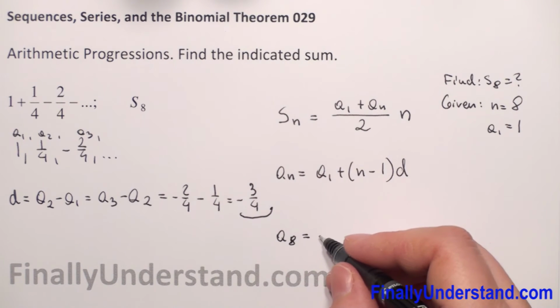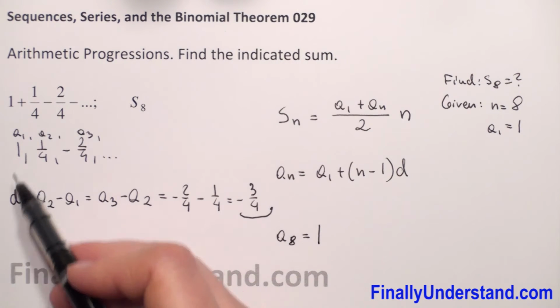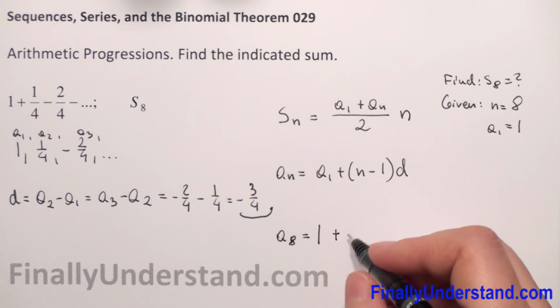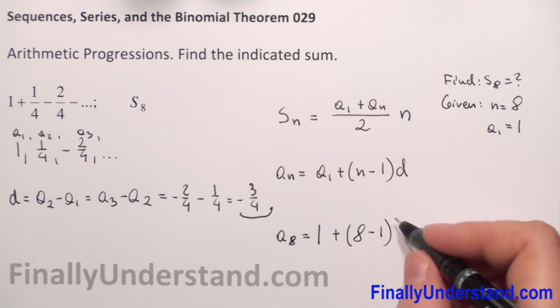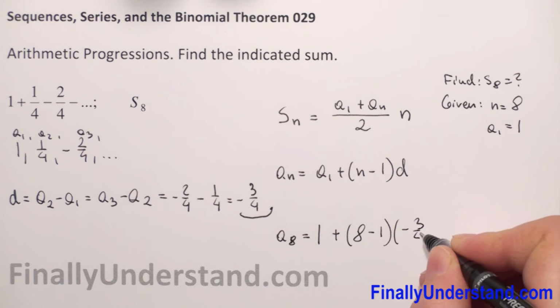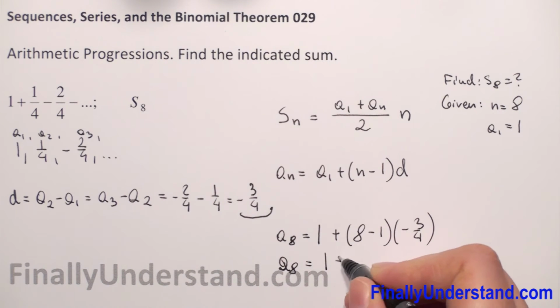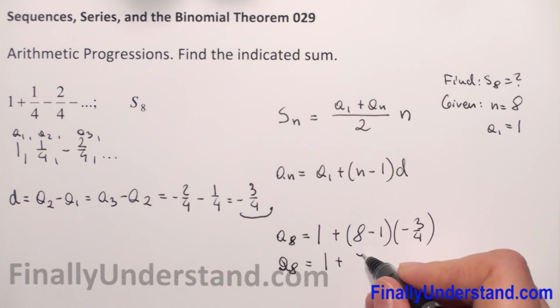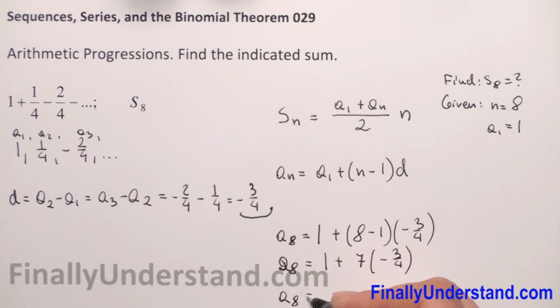So a1 is 1, the first term, plus n is 8, so 8 minus 1, times d, which is negative 3 over 4. First we have to do the operation in parentheses. So we have 1 plus 8 minus 1, which is 7, times negative 3 over 4. Next we have to do the multiplication first.